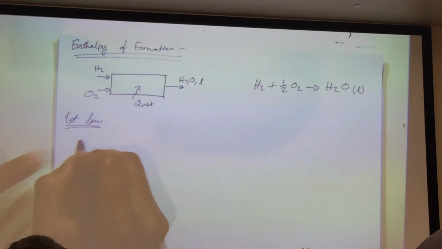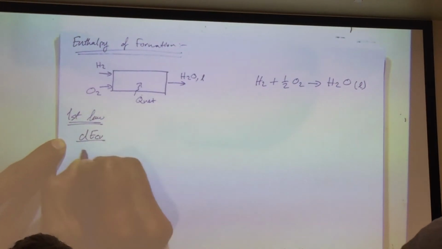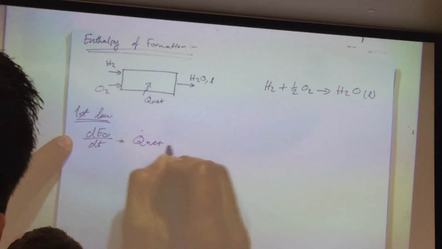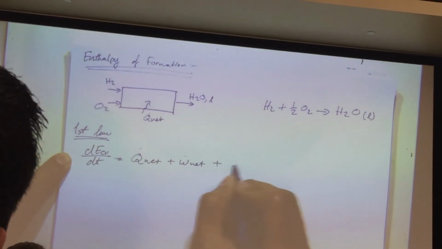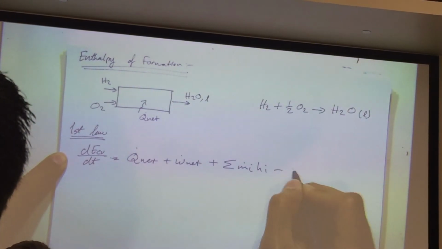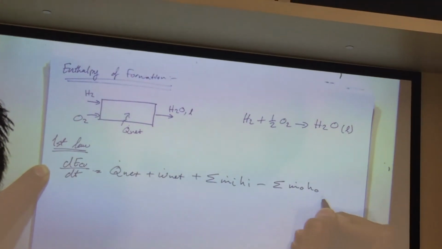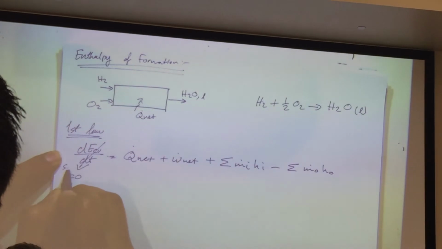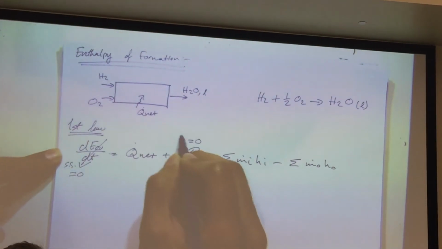The unsteady term is equal to Q net plus work net plus the sum of the inputs of each individual species minus the sum of the outputs. Now, it's a steady state system, so that's equal to 0, steady state. No work is being done, so that's equal to 0.